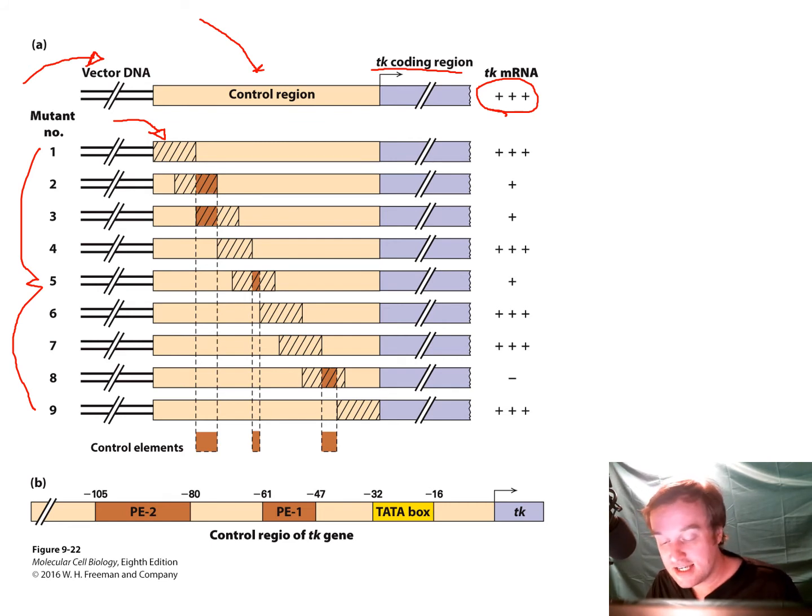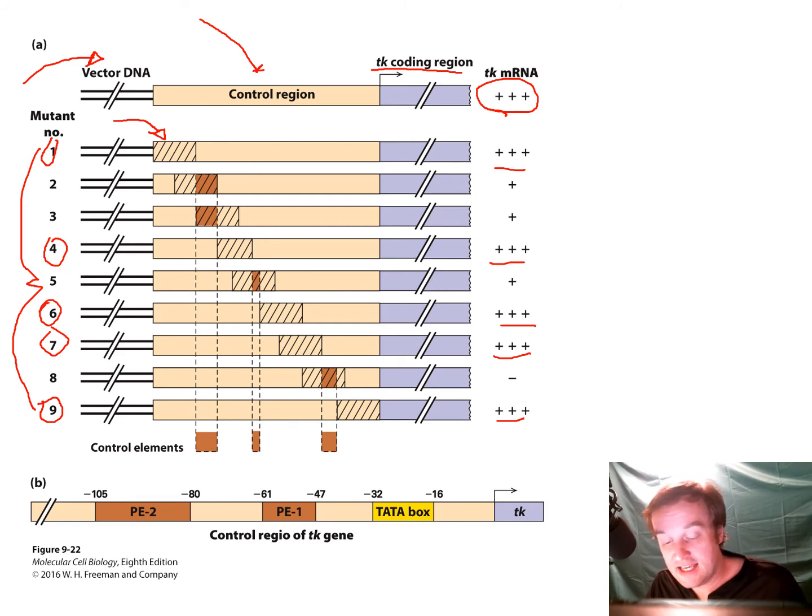In mutants number 1, 4, 6 and 7, and 9, we have no change in expression because they all are plus, plus, plus. That means the highest level of expression. Changing those base pairs has no effect on gene expression.